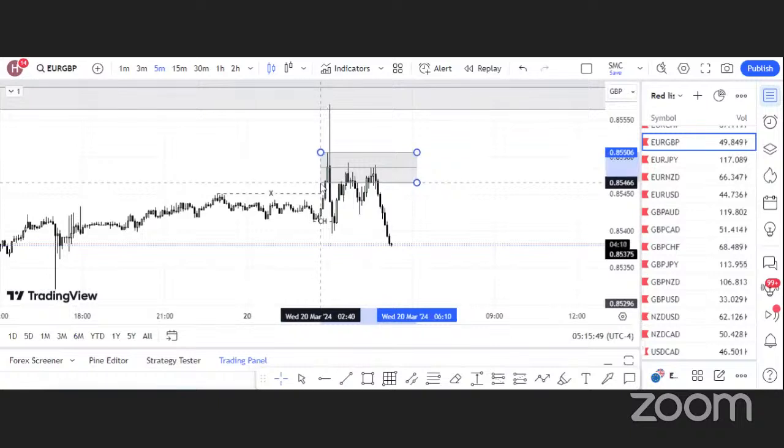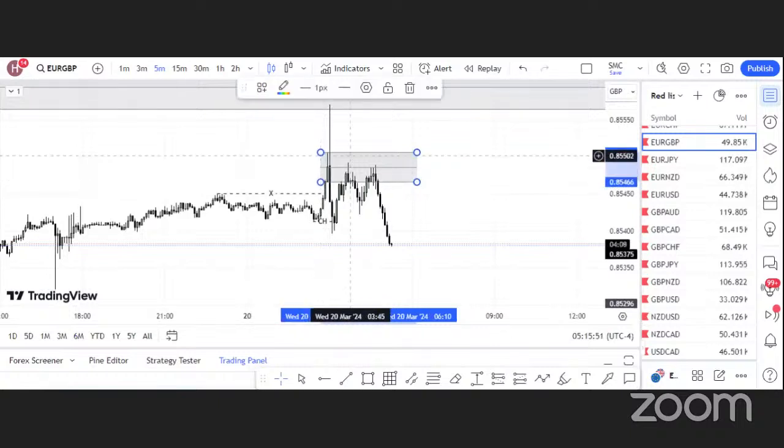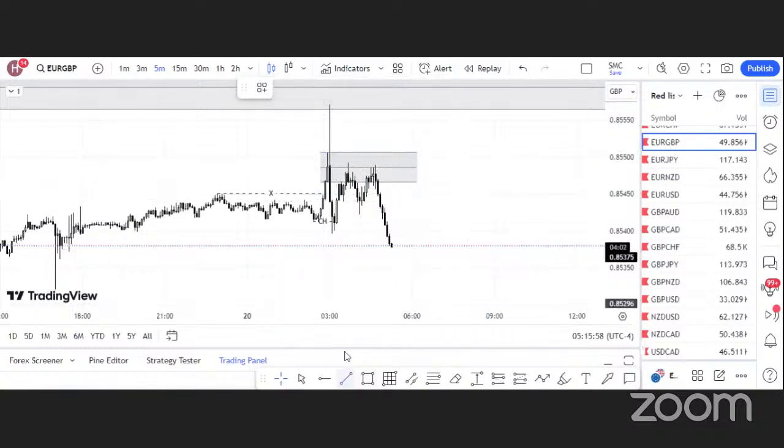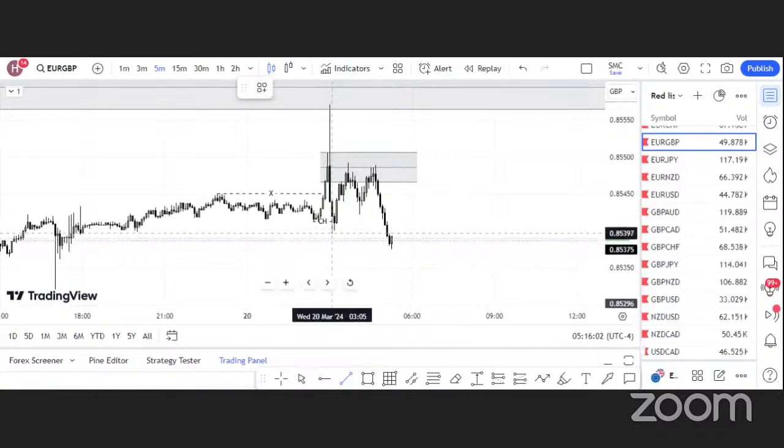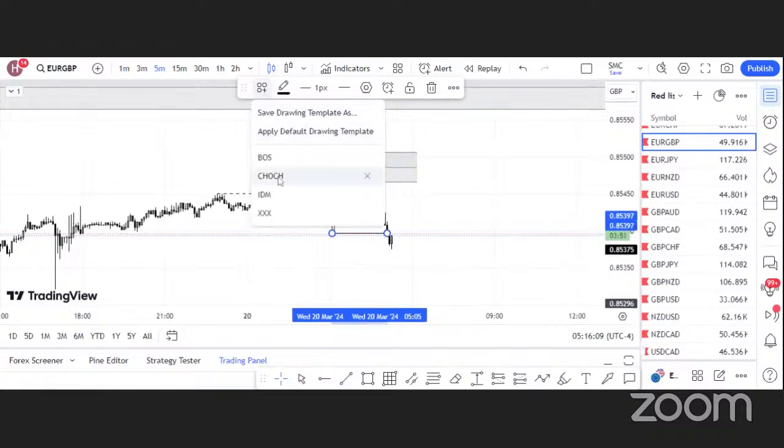The market is still expecting the other block from this area, and right now the market has broken the recent low. Here we have the recent low.